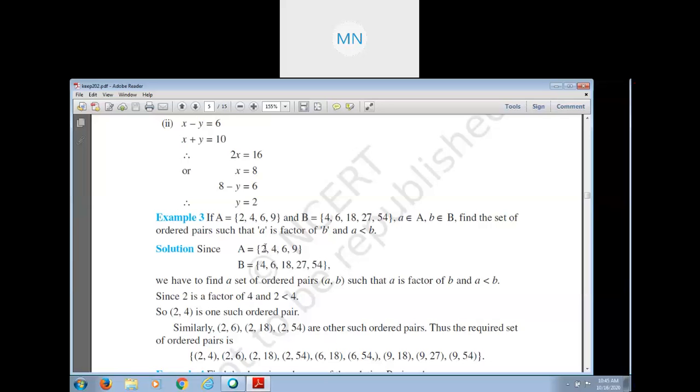Can we write 2, 4? Is this ordered pair in that set? Yes, ma'am. Because 2 is a factor of 4 and 2 is less than 4. We have to write those ordered pairs which satisfy this condition: a is a factor of b and a less than b. Do you understand?